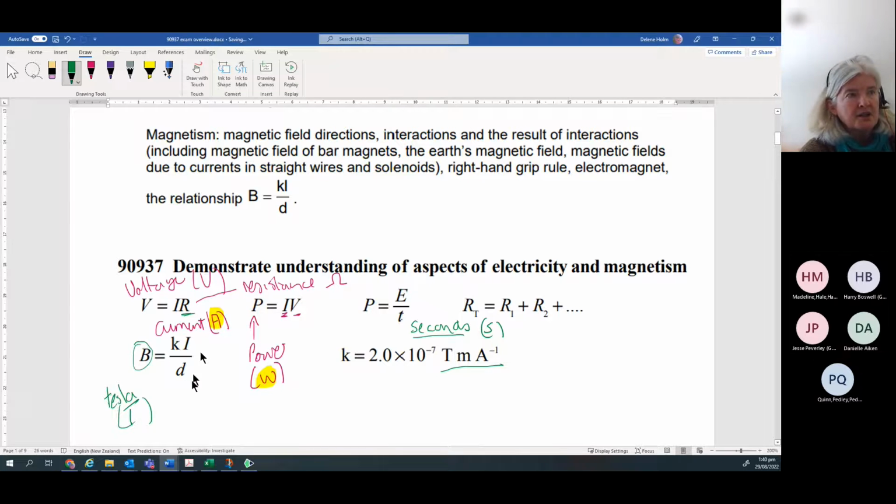I is an ampere, and D is important to remember, it's in meters, okay? Because it has to cancel out properly when we use this unit. So if you're given centimeters or millimeters, make sure you convert to meters. That's often a trick thing that people don't do the conversion.